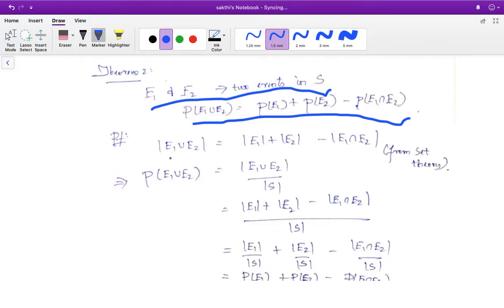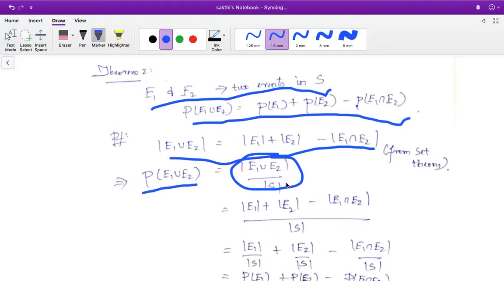This we will show using a set theory formula that we already know: cardinality of E1 union E2 is cardinality of E1 plus cardinality of E2 minus cardinality of E1 intersection E2. Okay, so now we will find what is P of E1 union E2, and that is nothing but, according to the Laplacian definition, this formula, right?